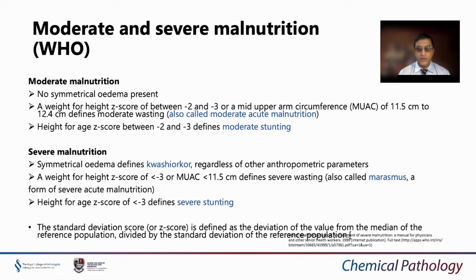Also, the height for age Z-score assists in defining and differentiating moderate from severe stunting. The presence of symmetrical edema does define Kwashiorkor, and this occurs regardless of other anthropometric parameters. There is also a definition of the Z-score that is utilized in this classification system.